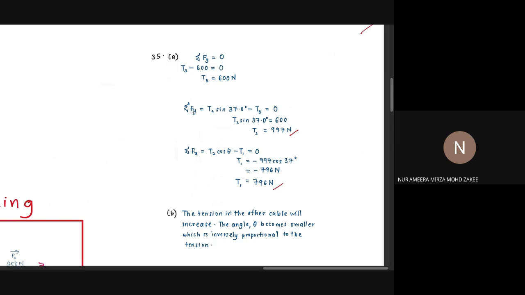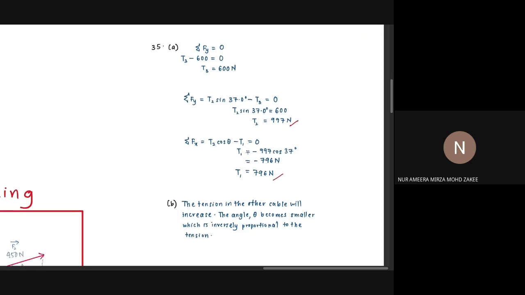So the summation of Fy is T2 sine 37 degrees minus T3 equals 0. So T2 sine 37 degrees equals 600, and T2 equals 997 Newton. And the summation of Fx equals T2 cos theta minus T1 equals 0.